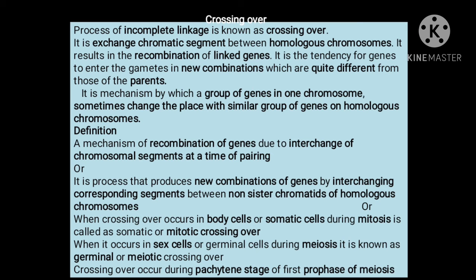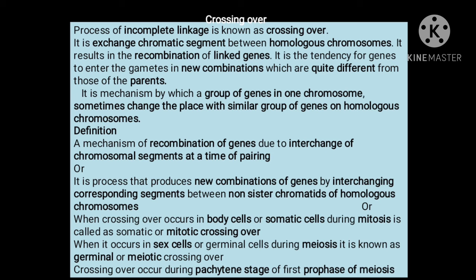We will see the definition: a mechanism of recombination of genes due to interchange of chromosomal segments at the time of pairing, or the process that produces new combinations of genes by interchanging corresponding segments between non-sister chromatids of homologous chromosomes.